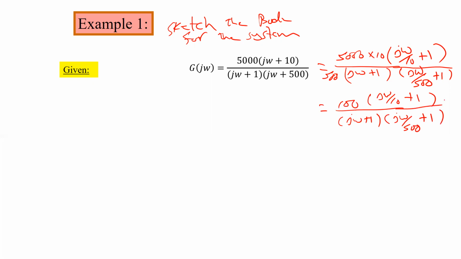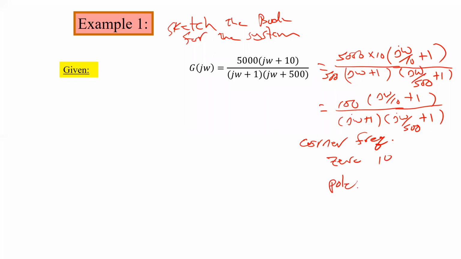What are the corner frequencies now? Which are the poles of the system? Doctor, is it 10? The corner frequency. For the zero, what's the value of the corner frequency? Ten.